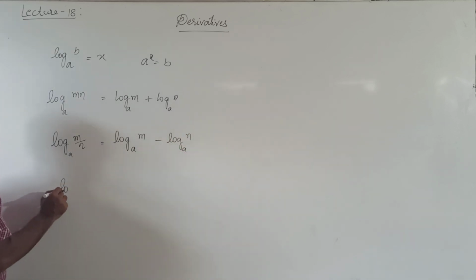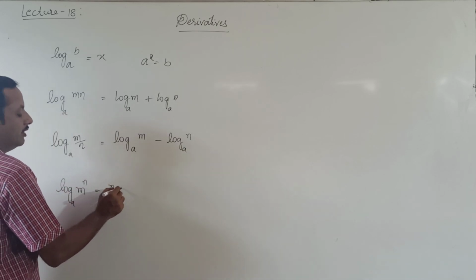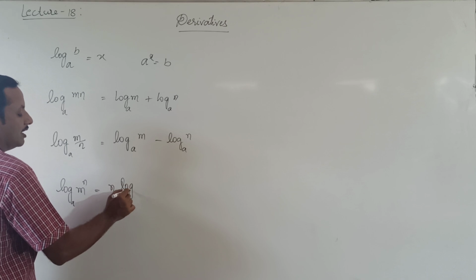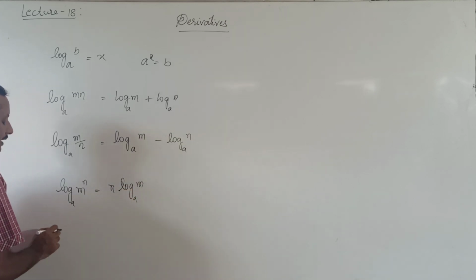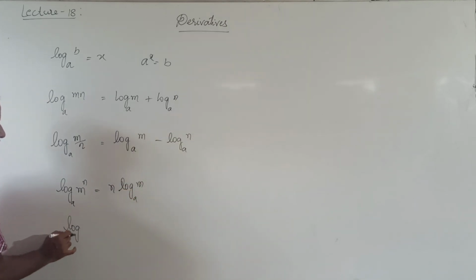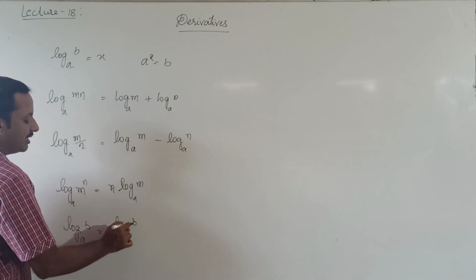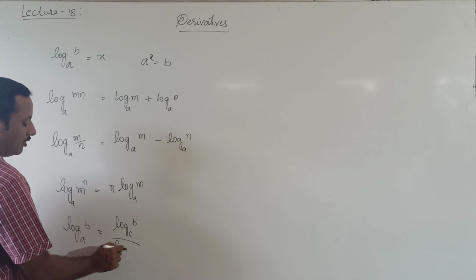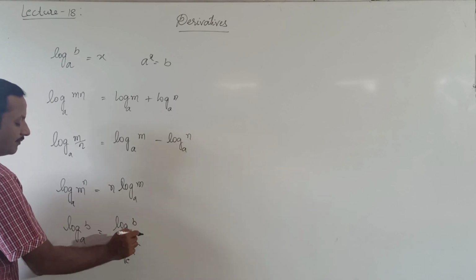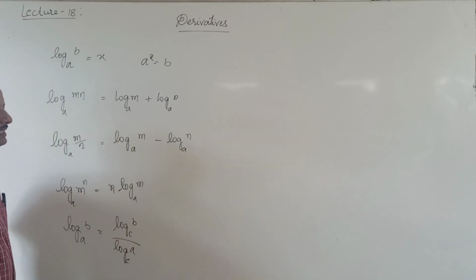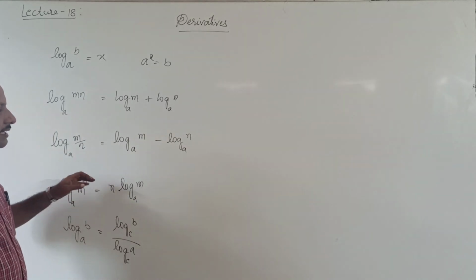Then log m raised to n to the base a is equal to n into log m to the base a. Then log b to the base a can be written as log b to the base c divided by log a to the base c. So these are the properties we have learned in logarithms.